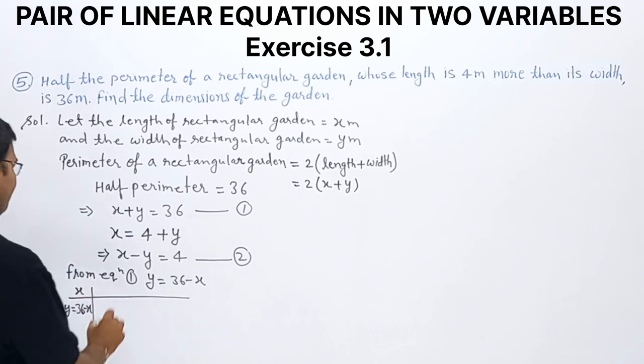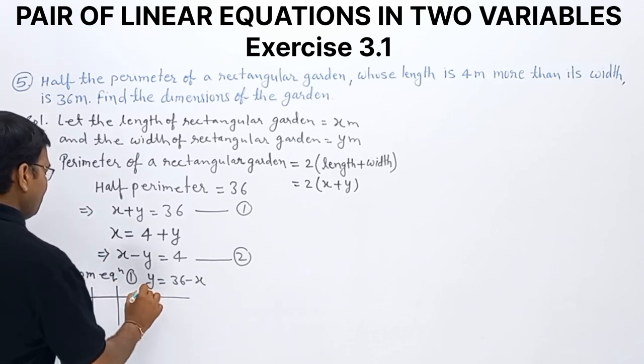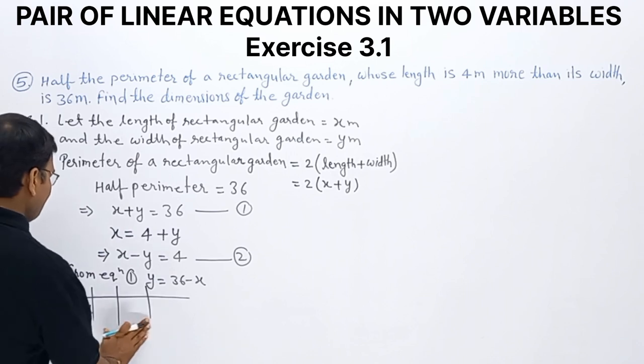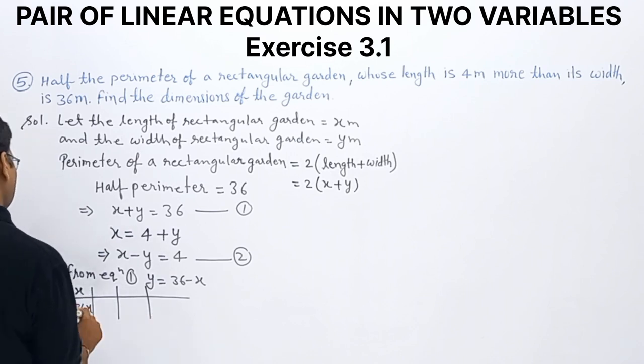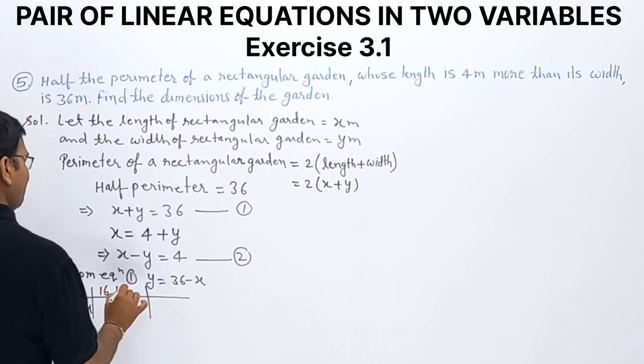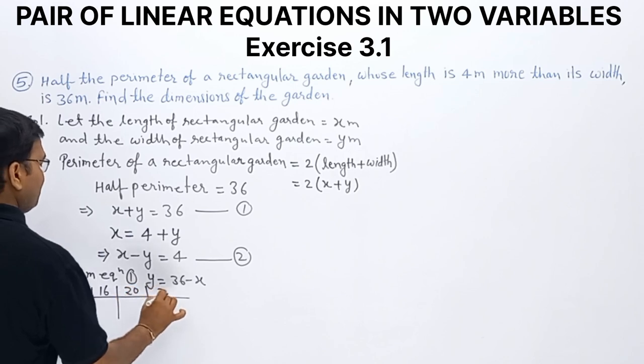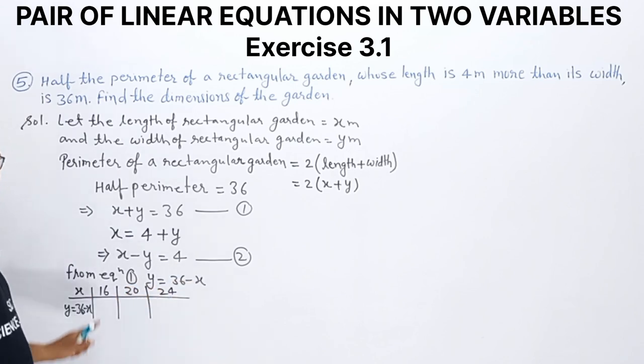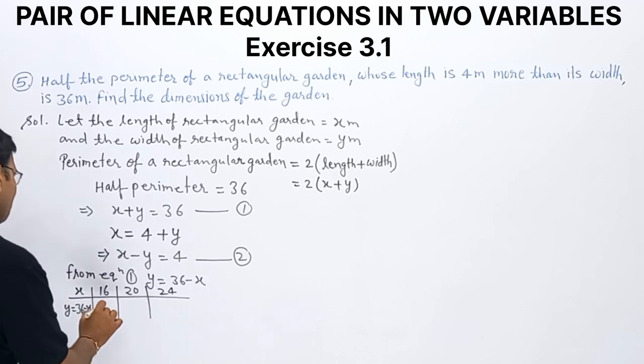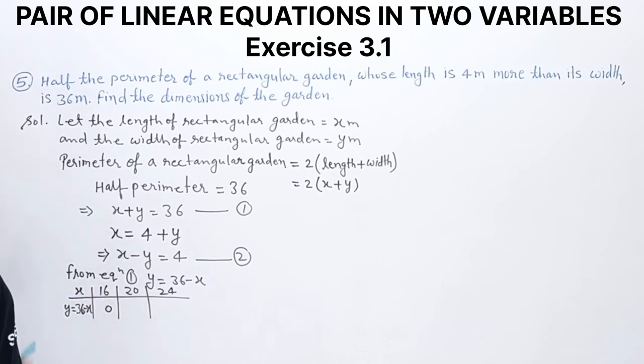Now I am taking 2 to 3 values. First I am taking x as 16, 20 and 24. Once we take 16, 36 minus 16 is 20.